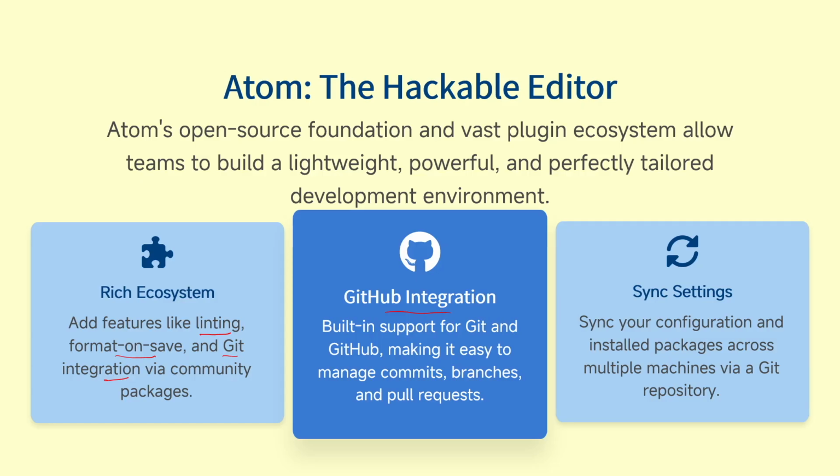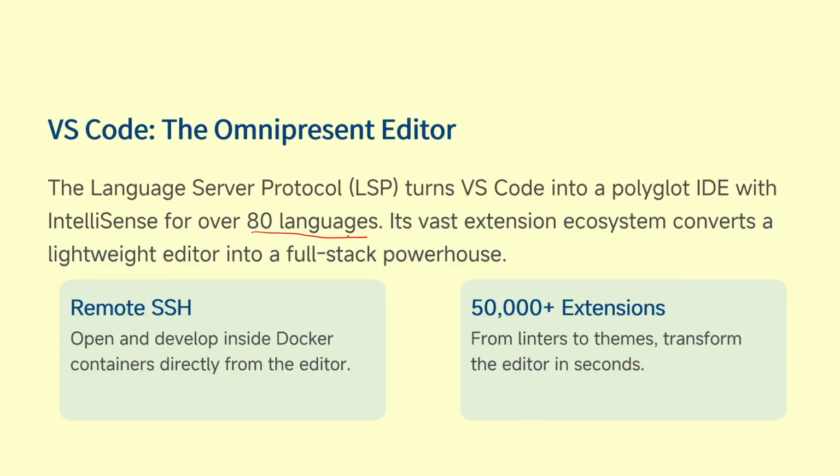So, this is much like an advanced notepad. And there is the VS Code editor. Here the VS Code editor has support for 80 languages, and you can run whatever languages you understand. So, this is a polyglot IDE just because it allows 80 languages.